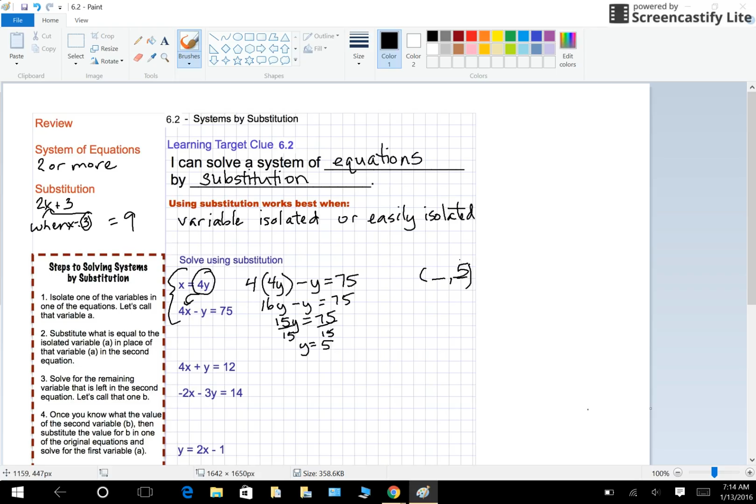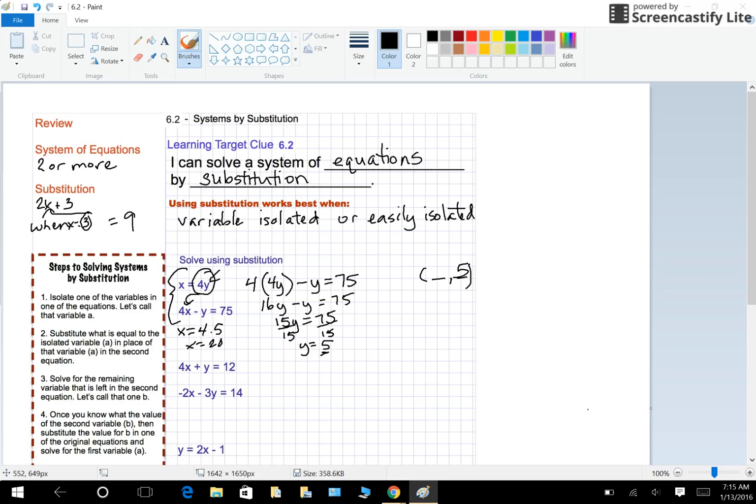Well, now that I know what y is, I should be able to figure out what x is in either one of these. And if I've done it right, it should be the same. So I'm going to start with my easy equation, x equals 4y, and instead of y, I'm going to replace it with this 5. So in place of y, I write x equals 4 times 5, and I get x equals 20.